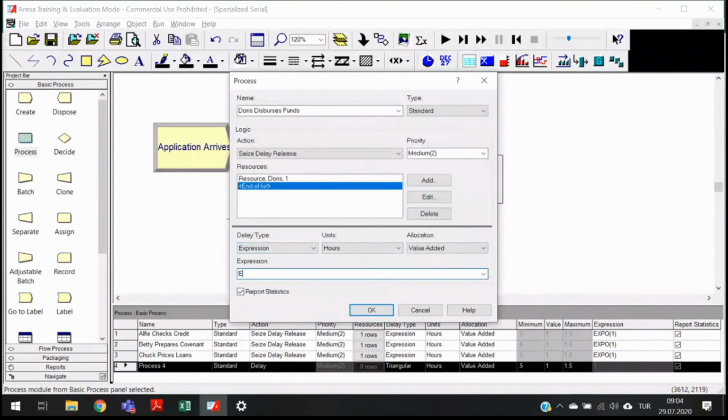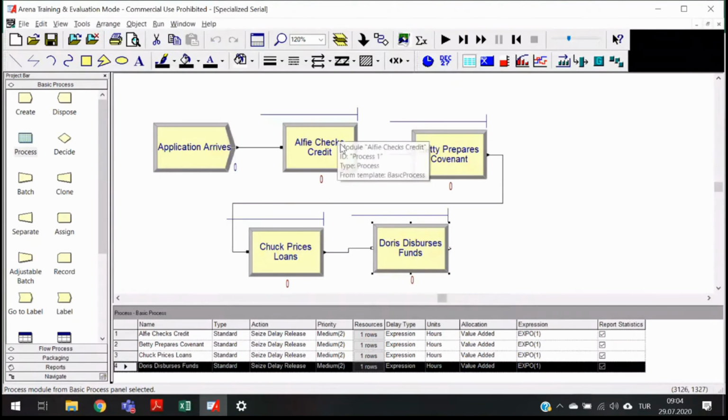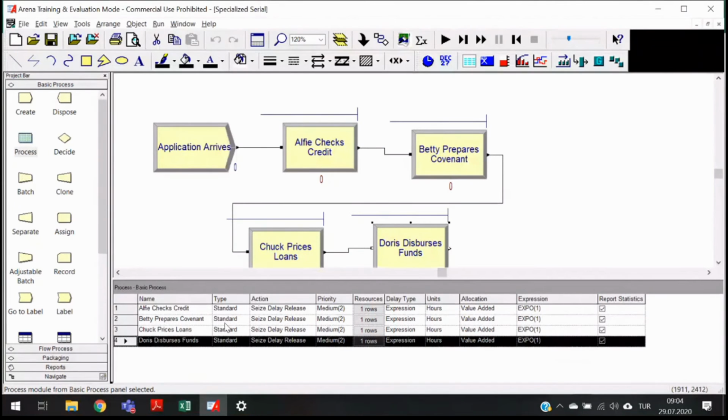As you create these 4 processes, in the spreadsheet view the processes are listed here. You can manually play around with the action types and the resources that are going to be used as a list. If you click on this row, for example, the resource required for this process is listed here.